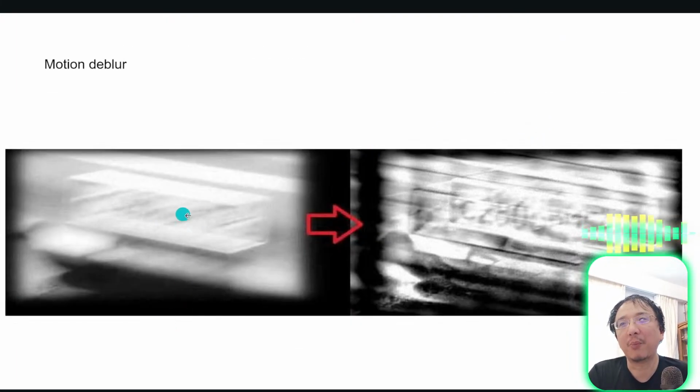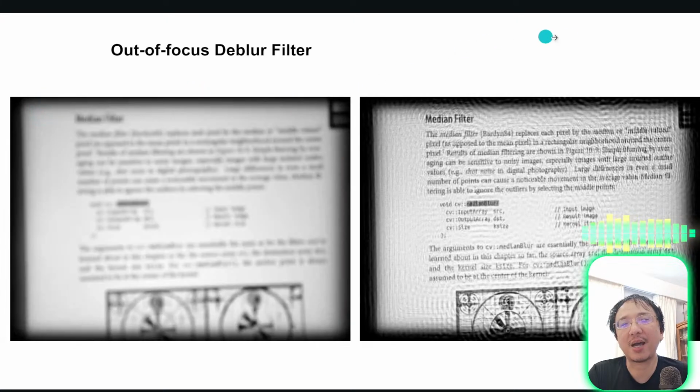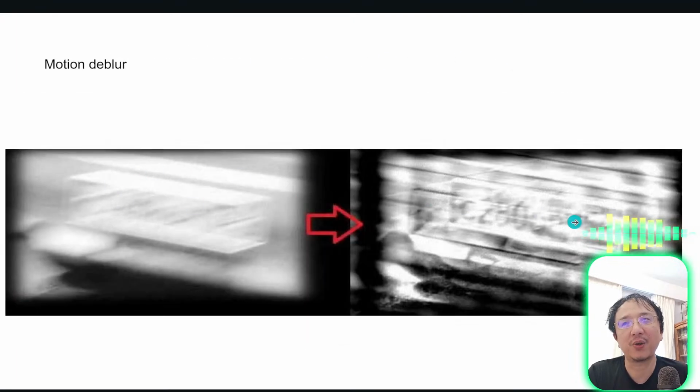This one is for motion deblur. The previous one is for out-of-focus deblur, and there's also motion deblur. You can imagine there are some mathematical models behind these motion blur things.